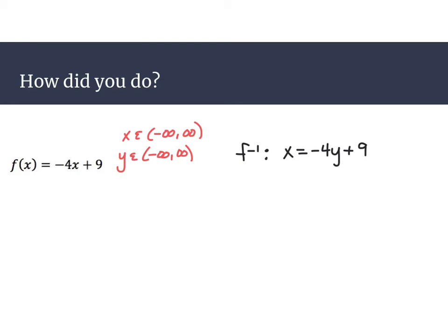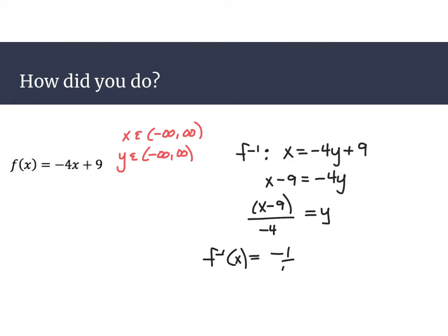Start by moving the 9 from the right to the left. Now we're going to isolate the y by dividing both sides by -4. As we use the appropriate notation, we'll clean that up a little bit.